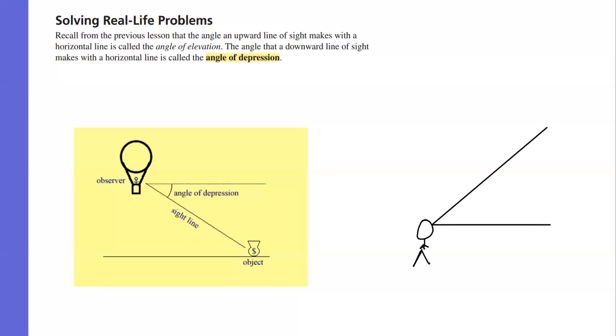And the angle between my horizontal and my line of sight is my angle of elevation. So this guy right here, that's my angle of elevation. And here we'll label this real quick. This is line of sight. And this is the horizontal.